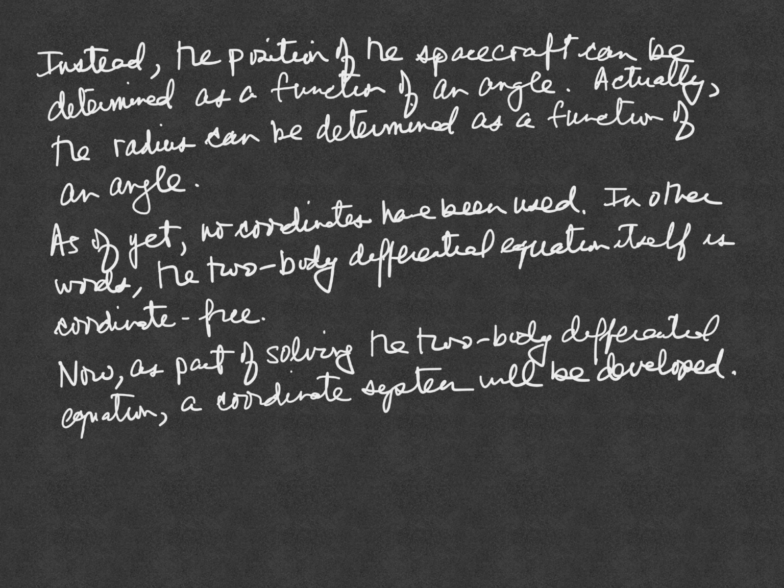So now let's start this whole process. Recall that the two-body differential equation is AI plus mu over r cubed times r equals 0.